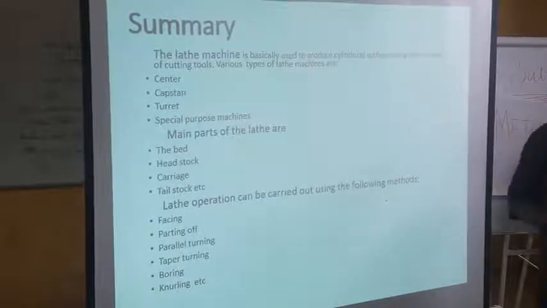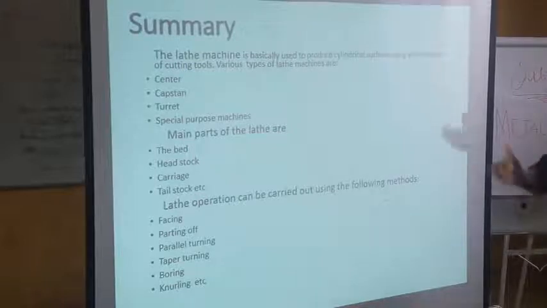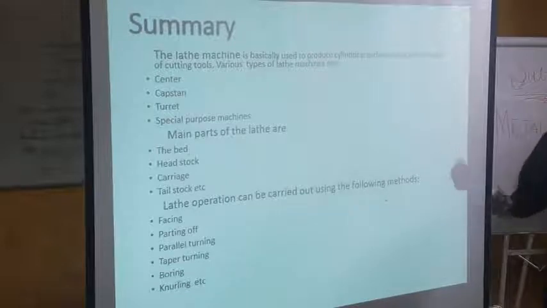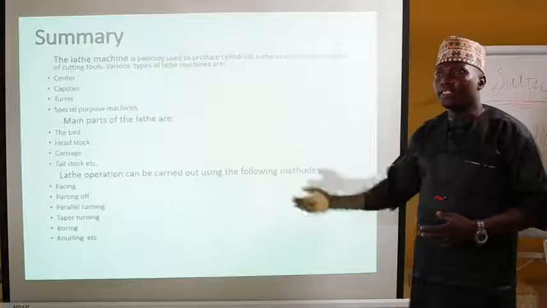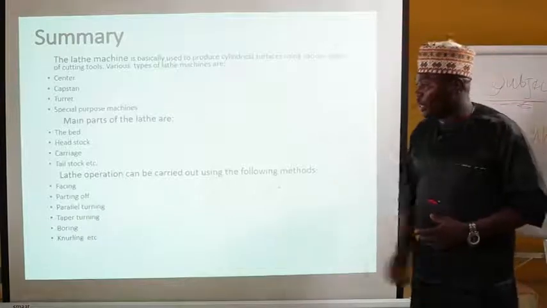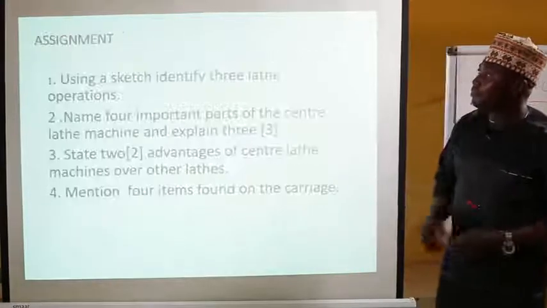Of course, we have the special purpose lathe machine. The main parts of the lathe machine are the bed, the headstock, the carriage, and the tailstock. The operations that can be carried out on the lathe machine are facing, parting off, drilling, taper turning, knurling, and, of course, boring.